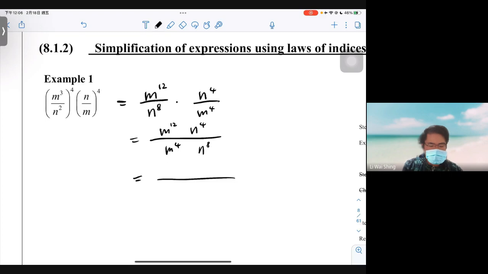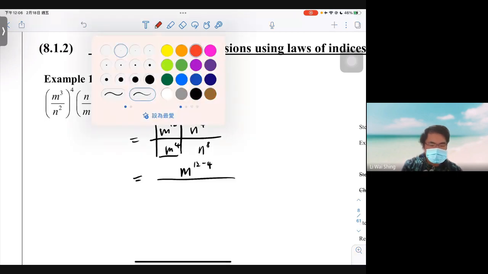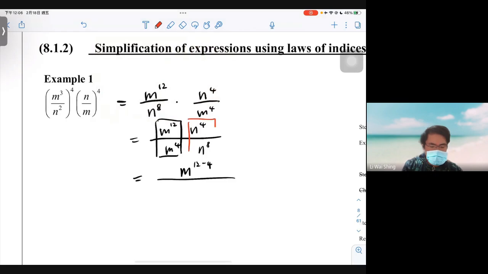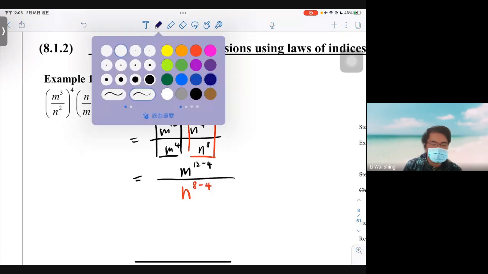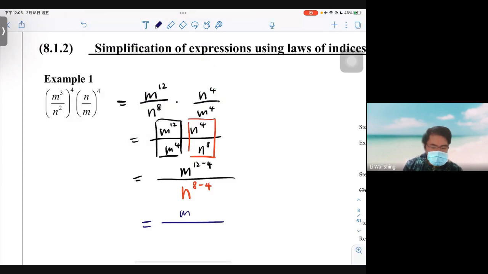After simplifying it, for m, it will stay in the numerator. So m to the power of 12 minus 4. And for n, because n^8 is larger than n^4, it will stay in the denominator, and you will have 8 minus 4. That's why in the result, you will have m to the power of 8 over n to the power of 4. It's an easy question.